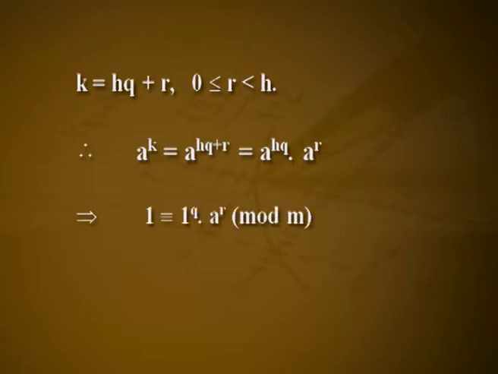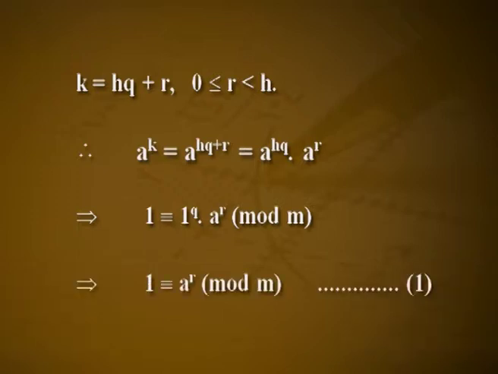2. If a raised to k is congruent to 1 mod m, then by definition of the exponent, k is greater than or equal to h and by division algorithm k is equal to hq plus r, 0 less than or equal to r less than h. Therefore, a raised to k is equal to a raised to hq plus r, which is equal to a raised to h q into a raised to r. 1 is congruent to 1 raised to q into a raised to r mod m, which is congruent to a raised to r mod m.